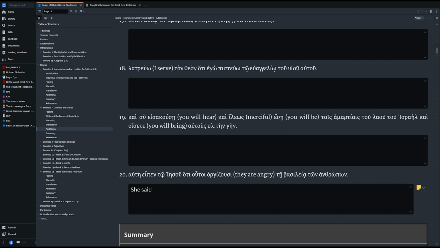You can see the article right here, right to the left of it. This article goes with this name. Now, the article has the iota subscript. That's the dative singular ending. So I know that this article is a dative singular, and I can tell from just how close they are that this article goes with this name. Because Iesu does not inflect, it can't.